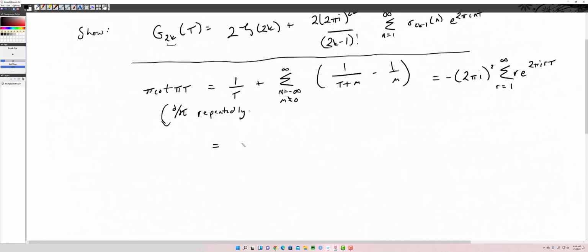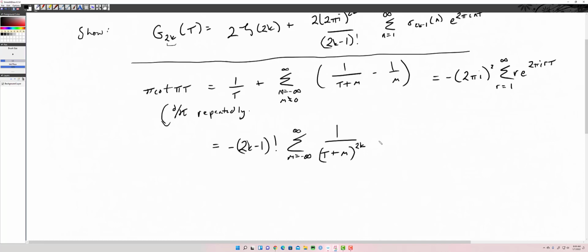We get 2k minus 1 factorial times the sum over m from minus infinity of 1 over tau plus m to the 2k.